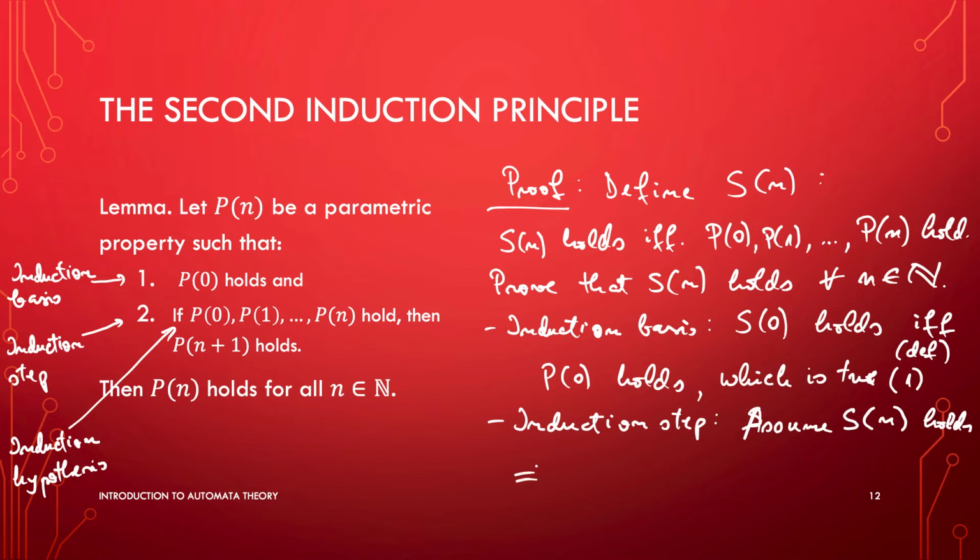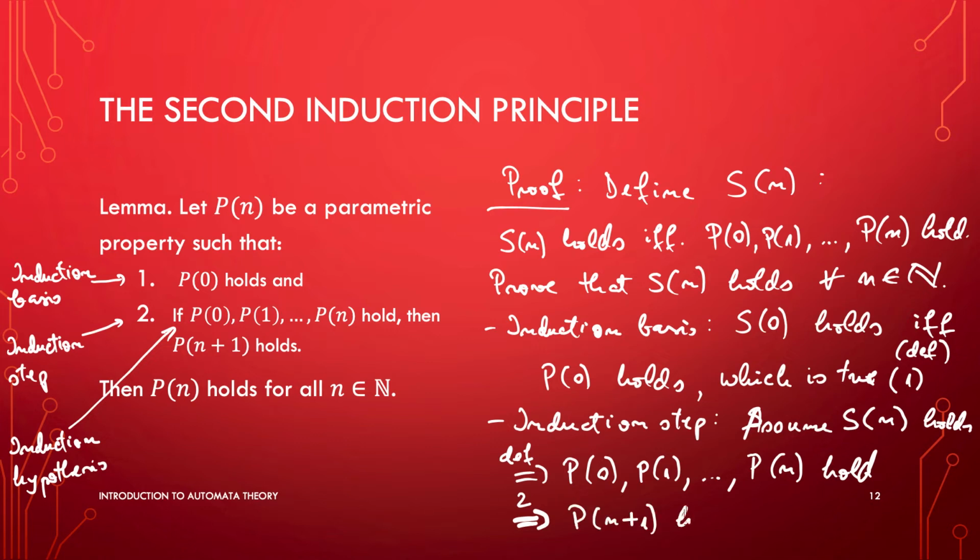So this implies, by the way we have defined S of n, that in fact all of these hold: P of 0, P of 1, and all the way to P of n. And this implies now by condition 2 in our lemma that P of n plus 1 holds.